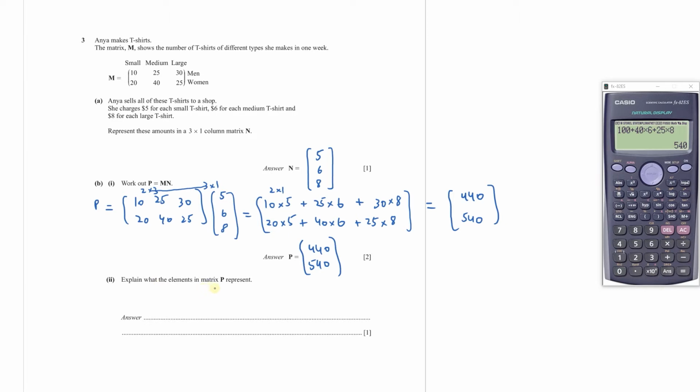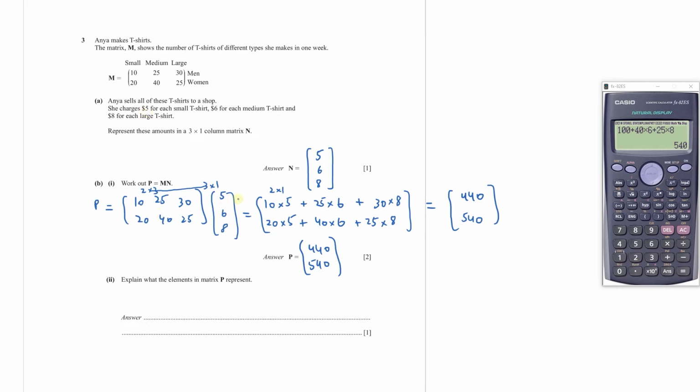Explain what the elements in matrix P represent. If you look at the top element 440, how did you get that? You multiplied this row with these values. This row was the number of shirts for men that she makes in 1 week: 10, 25, 30. And 5, 6, 8 are the prices at which she sells these t-shirts.